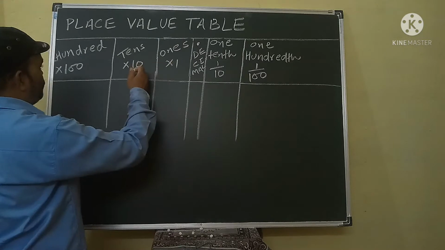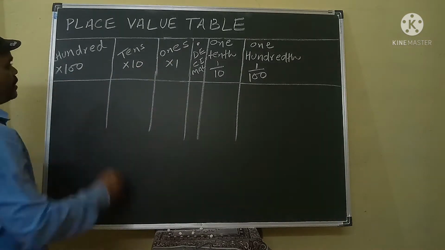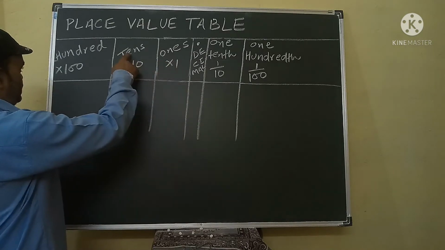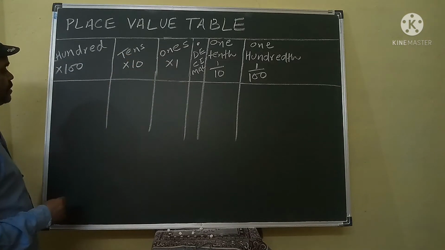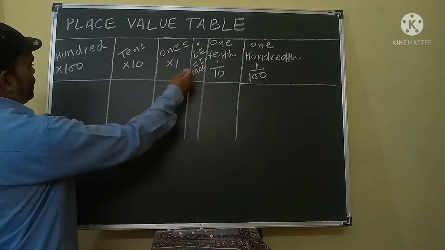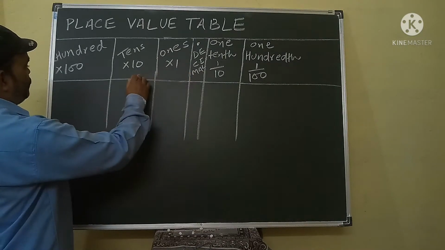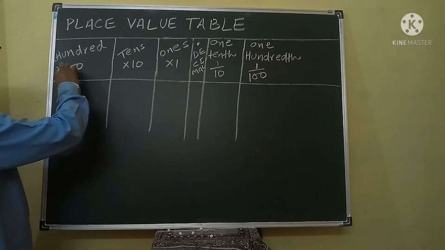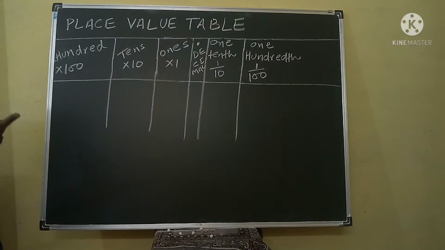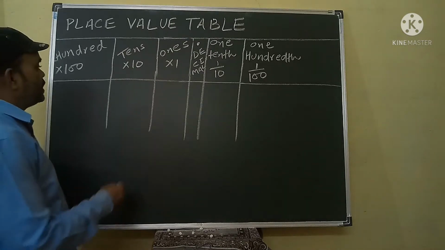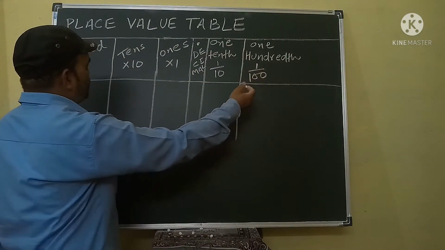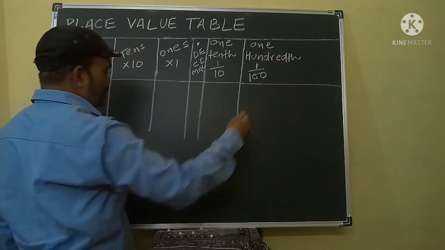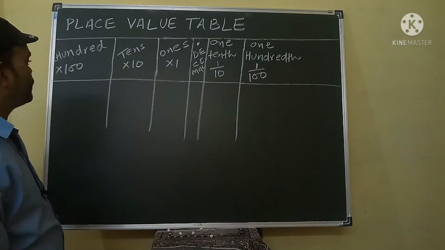In left part of decimal place value table, this is ones, tens, hundred, thousand, 10,000 and so on. And right side of decimal is 1/10, 1/100, 1/1000 and so on.